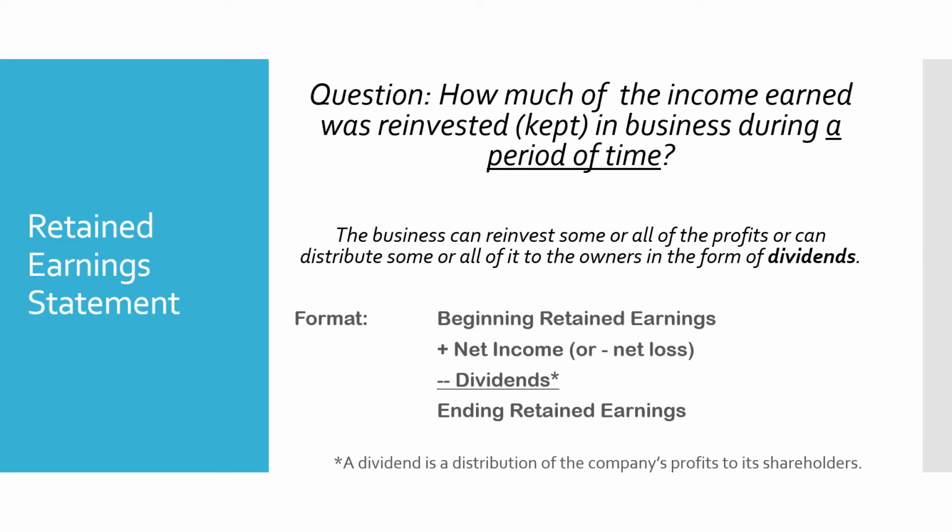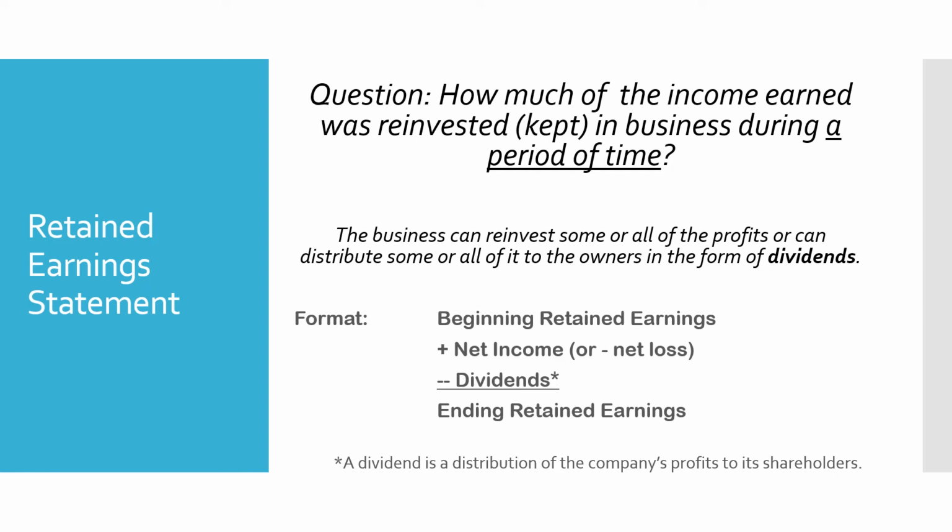A dividend is a distribution of the company's profits to its shareholders. Alternatively, Target could choose to reinvest those profits in the business, grow the business, which is presumably going to increase the stock price and also ultimately benefit the owners or shareholders.